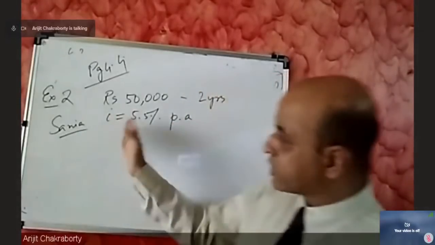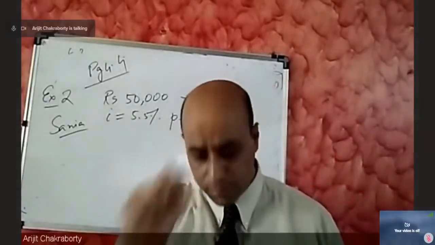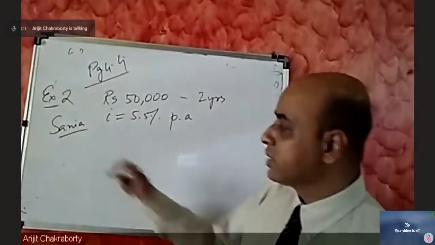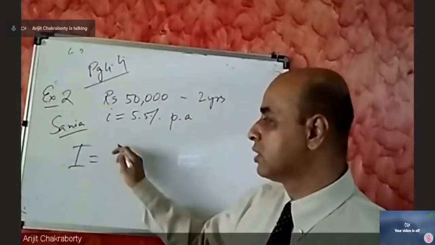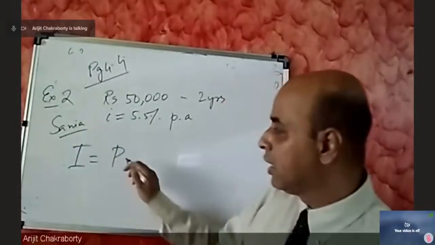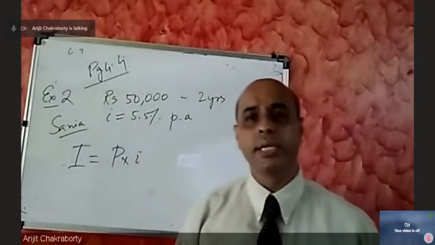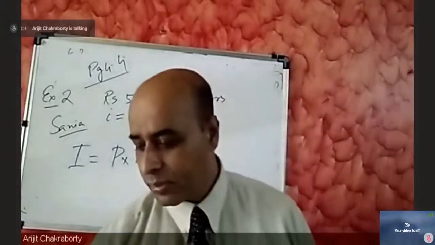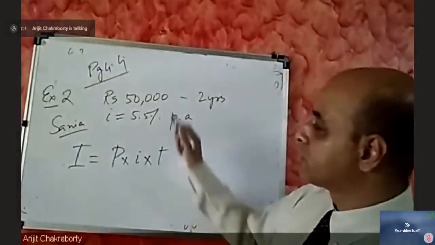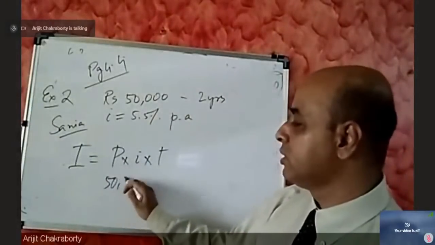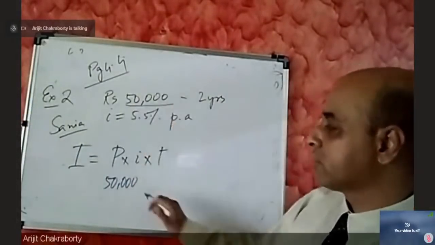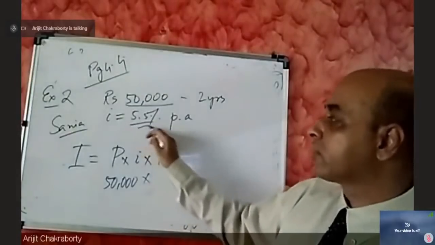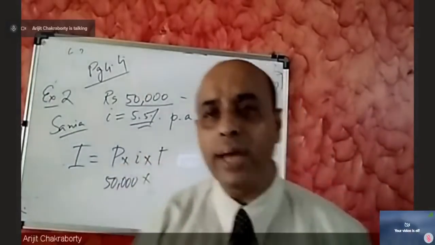Okay, so in this example, let us work out what the interest will be. Dear friends, interest we know is equal to principal P multiplied by I, the interest rate, multiplied by T, the time. In this case, the principal is 50,000, into the interest rate, 5.5%.